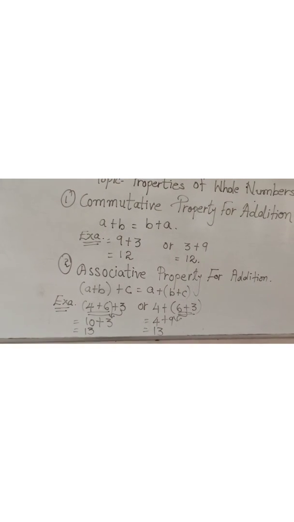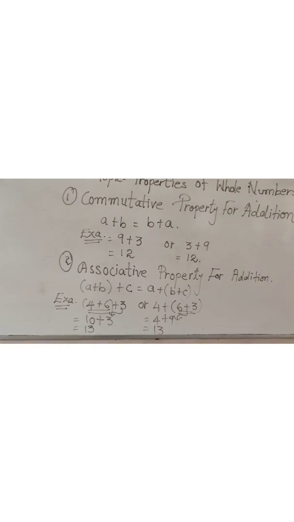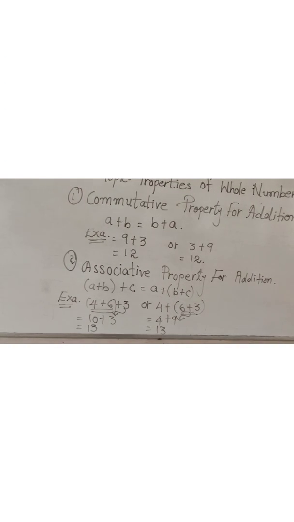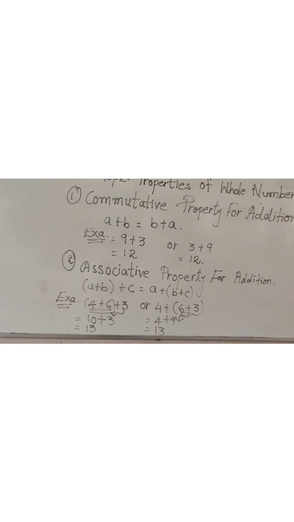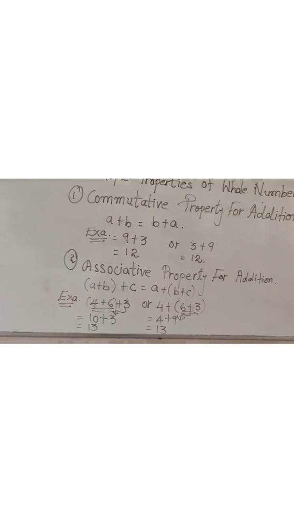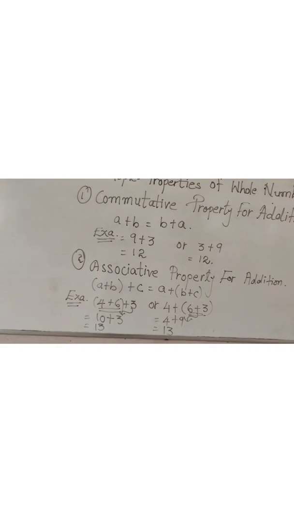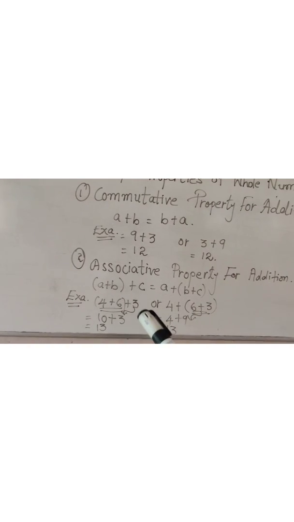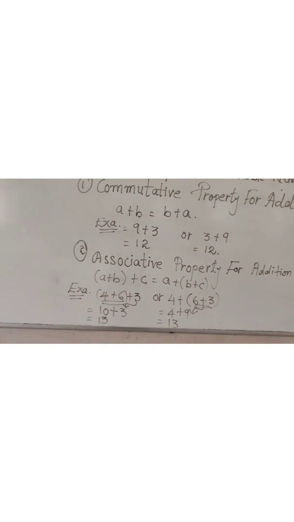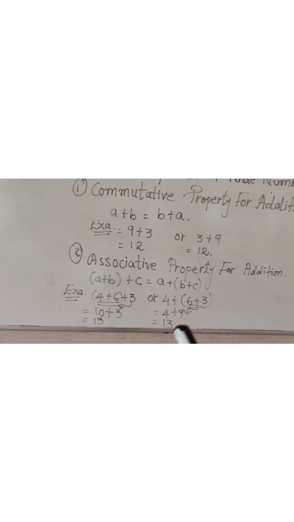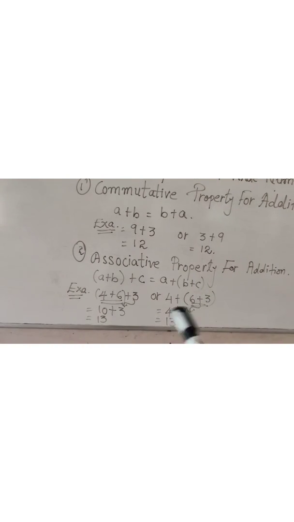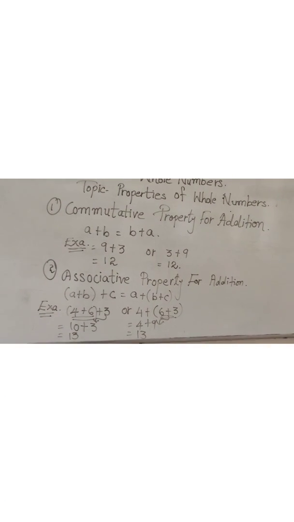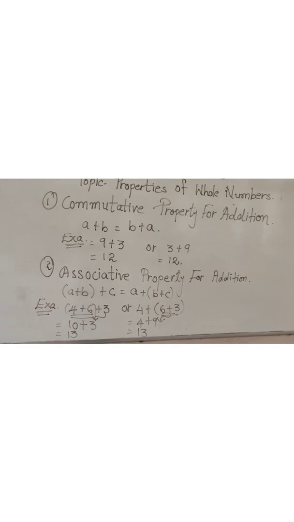Similar way, next is associative property for addition. For three numbers, 4, 6 and 3. So either you will add first 4 and 6. So 4 plus 6, 10 and 3. So 10 plus 3, 13. Or else 6 plus 3, 9 and 4 plus 9, 13. So in both the ways, you will get the same answer.